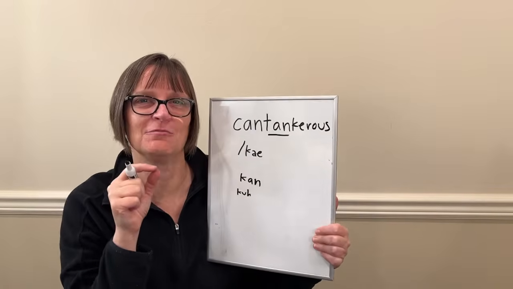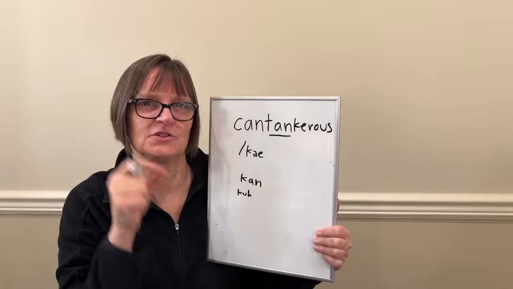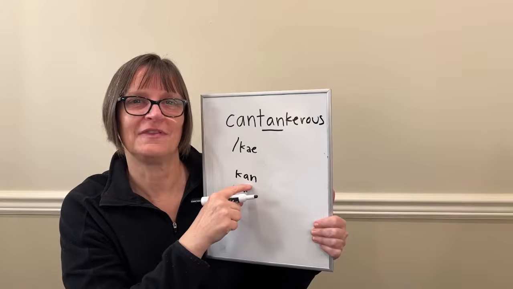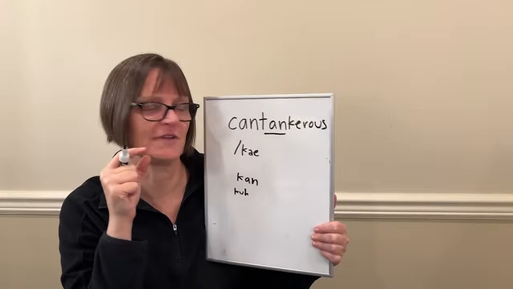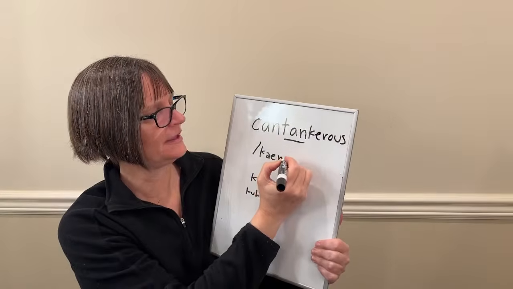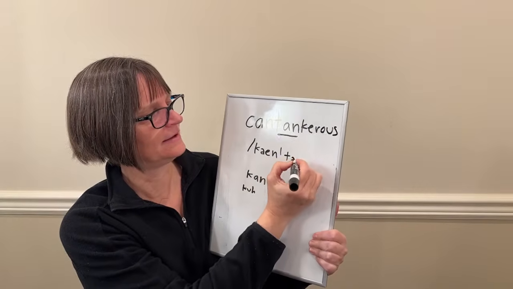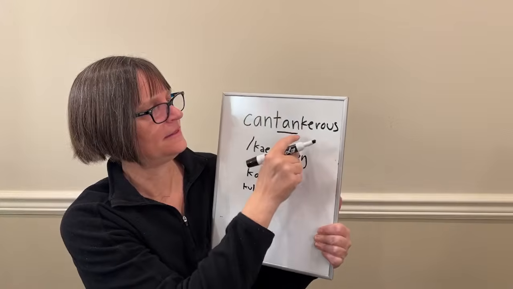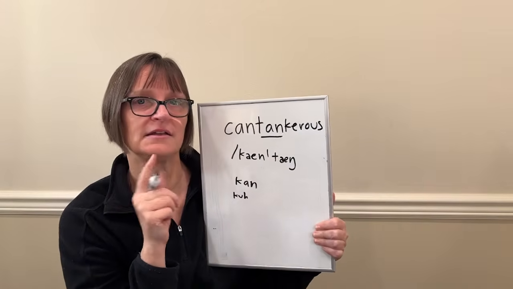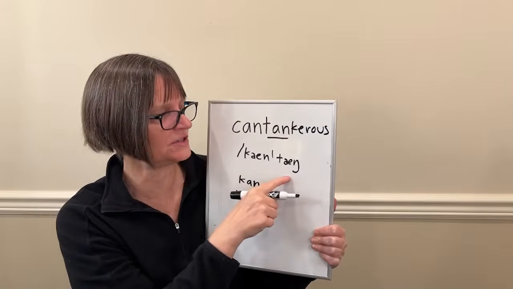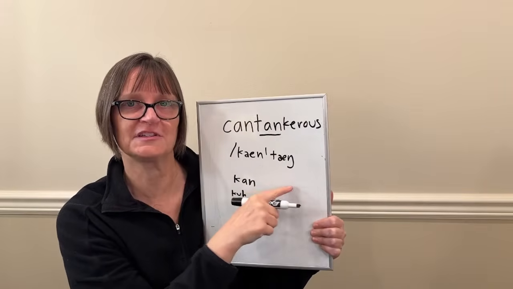It's just going to be raised because it's shortened, and when the a vowel is before an n, it tends to be a little bit nasalized and raised. So we have cantang, and then this n actually says the ng sound and not the n sound. So in the dictionary, it's not going to be an n symbol, it's going to be an ng symbol.